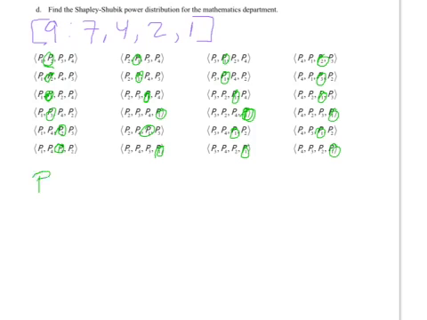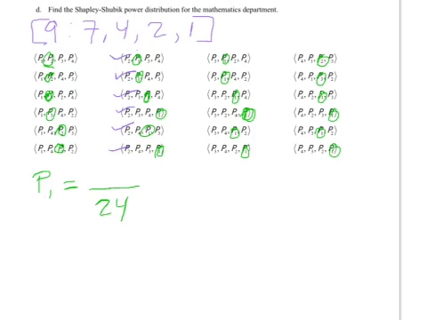So player 1, out of 24 pivotal players, player 1 is pivotal here, here, here, here, here, and here.